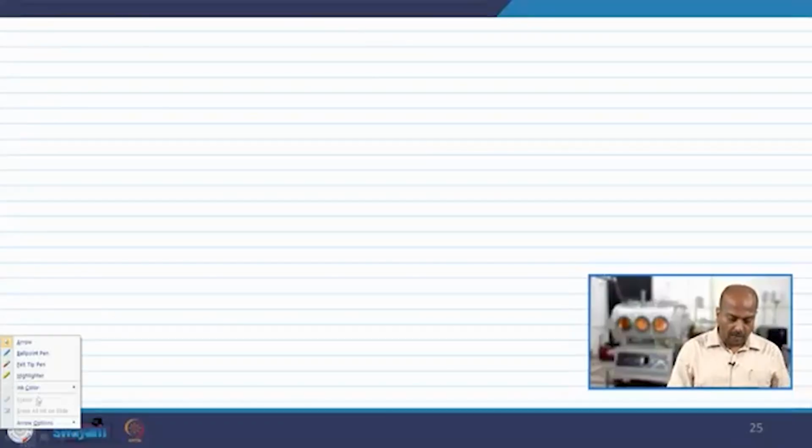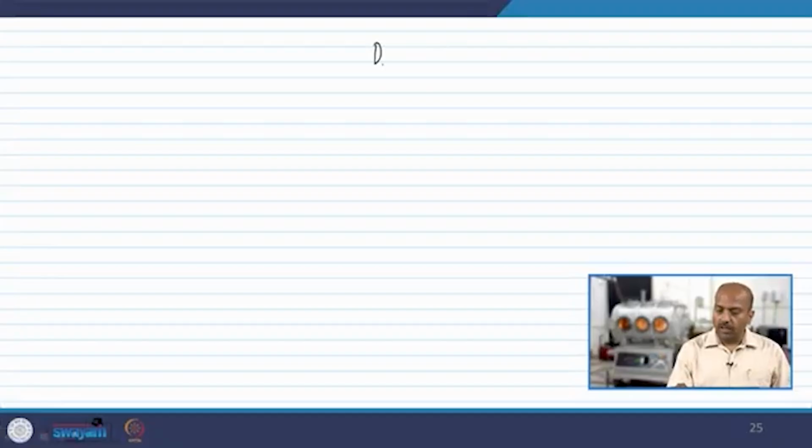Hello dear students, in this lecture we are going to learn more important aspects about ambipolar diffusion in plasma. In the last lecture we derived the ambipolar diffusion coefficient for plasma, which looks something like this.